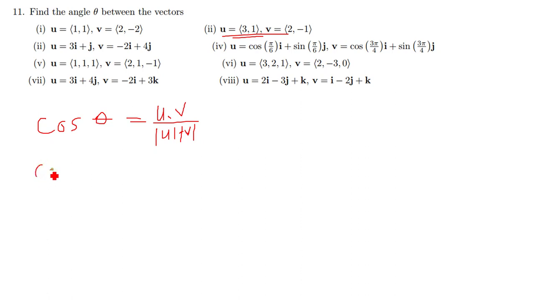So cos theta is equal to u dot v. So u dot v is just found by multiplying this. So 3 times 2, we get 6. Then plus 1 times negative 1, you get negative 1.